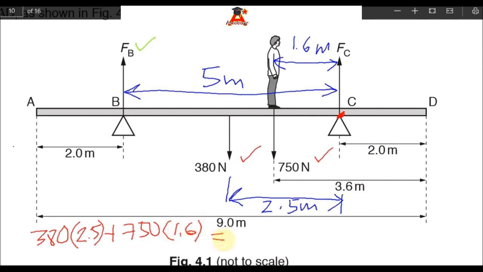These clockwise moments should be equal to FB times 5. So this equation will give us our FB as 230 newtons.